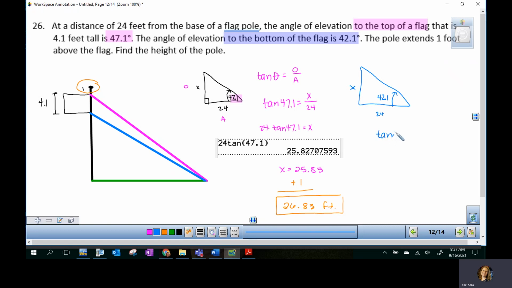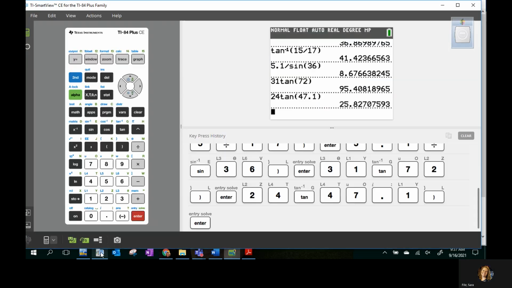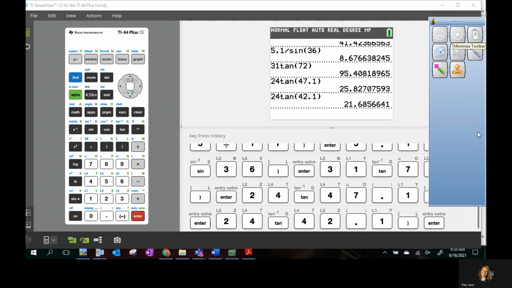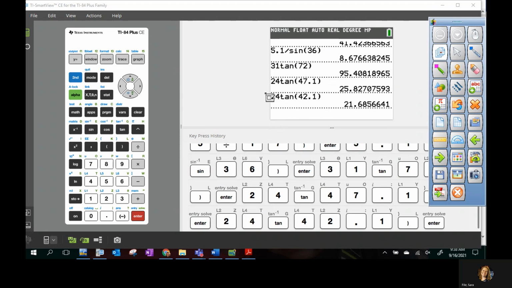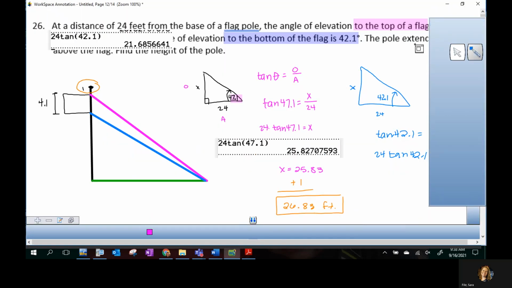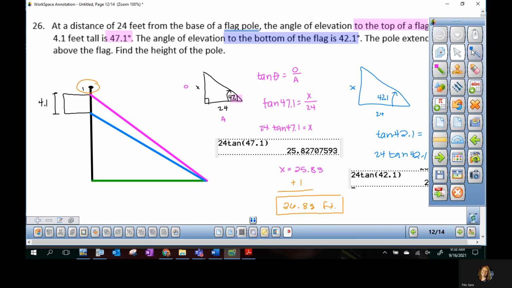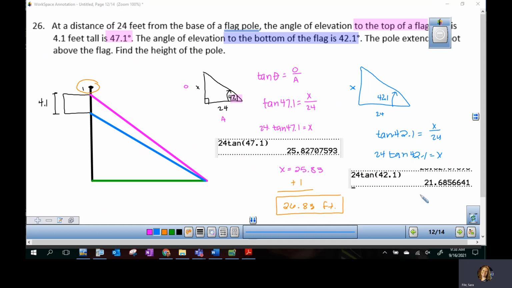I would have set up tangent of 42.1 is x over 24, which I would have multiplied the 24 over, so 24 tangent of 42.1. So that would have come out to 21.69.